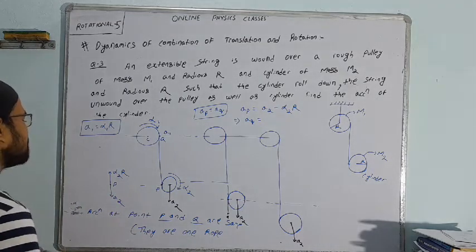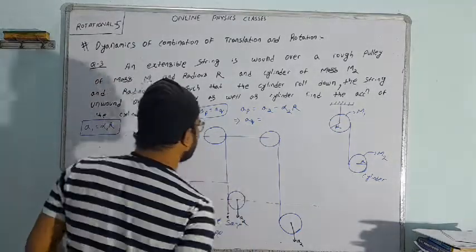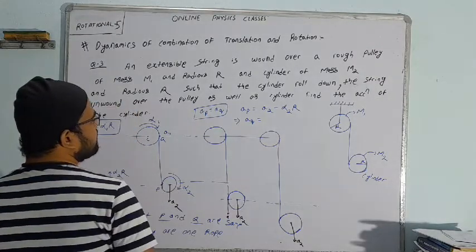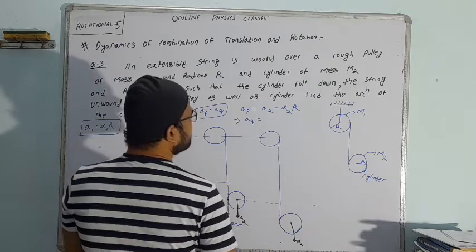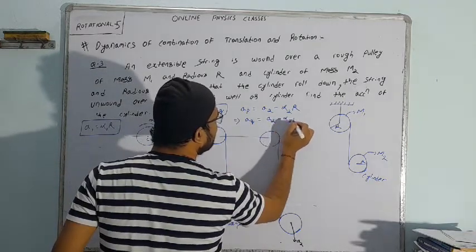So acceleration at p and acceleration at q are same. The acceleration of q is equal to a2 minus alpha 2 r.